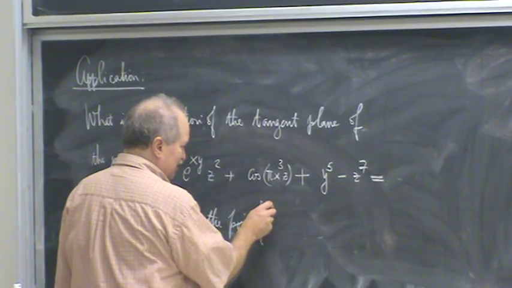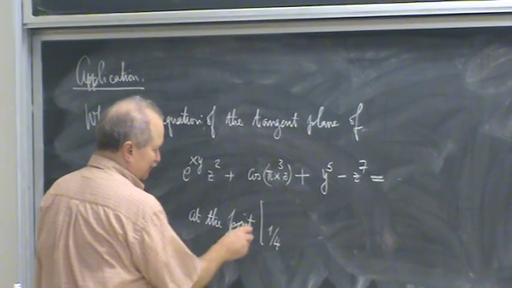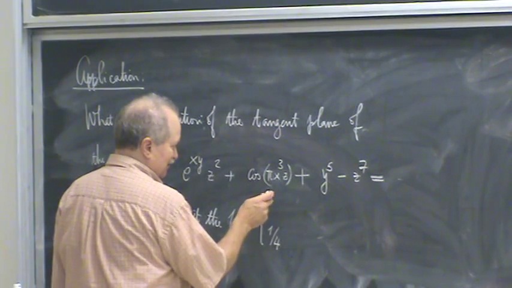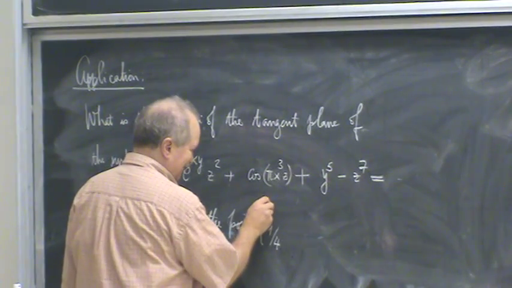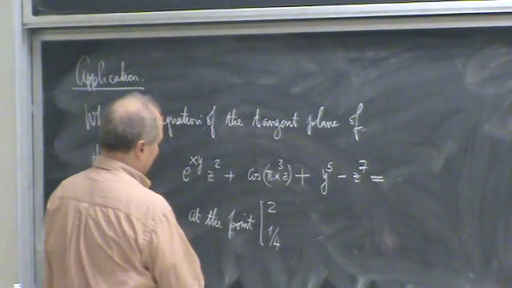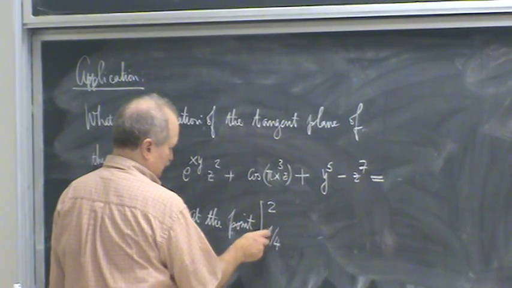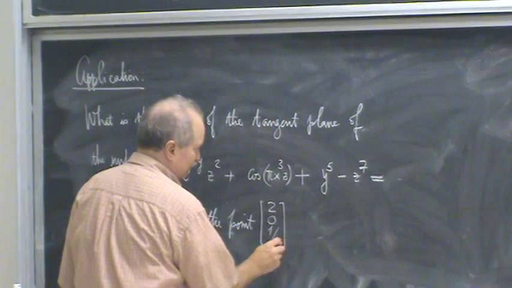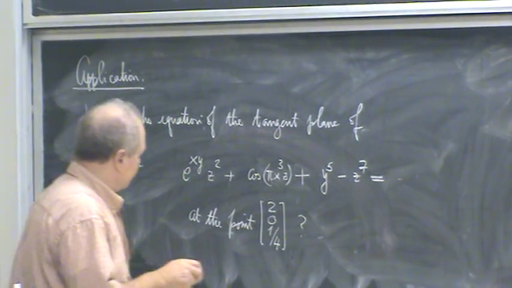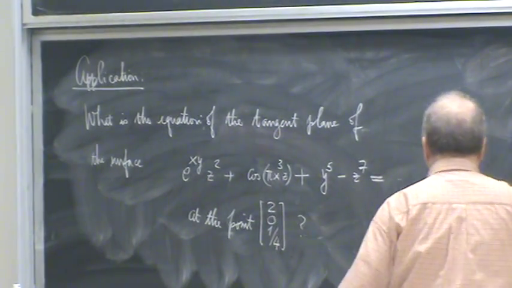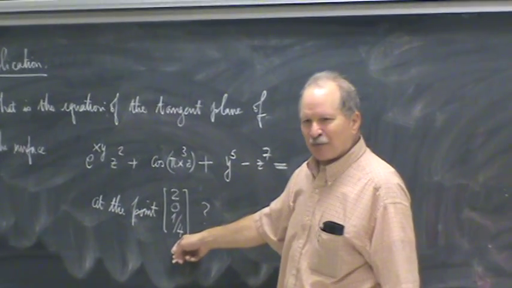How about z is a quarter, x is 2, and y is 0. Well, I need to fill in what this equals. So now I've tried to make up this point so that the number isn't too horrible.